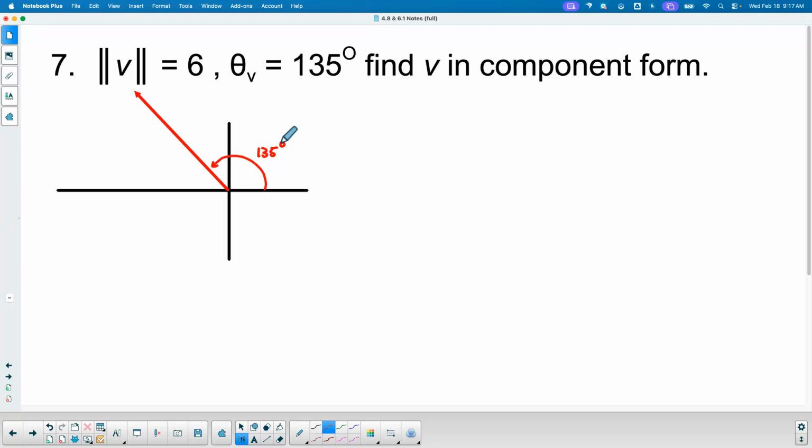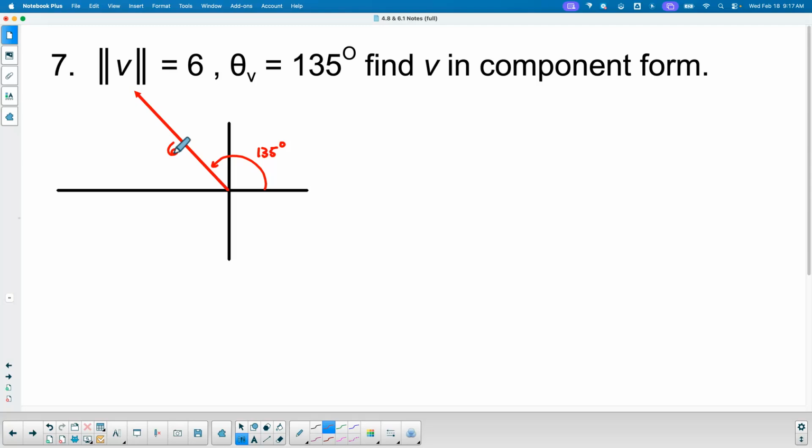We know that vector v is 6 units long. We need to find v in component form.